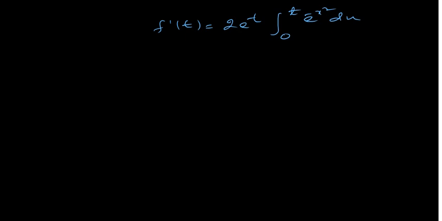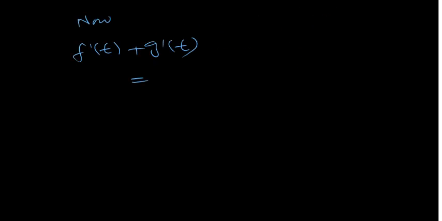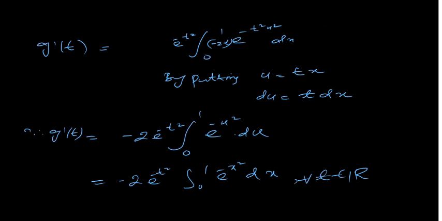G dash t that you have seen is equal to minus twice e power t integral 0 to t e power minus x square dx. So this is your g dash t.